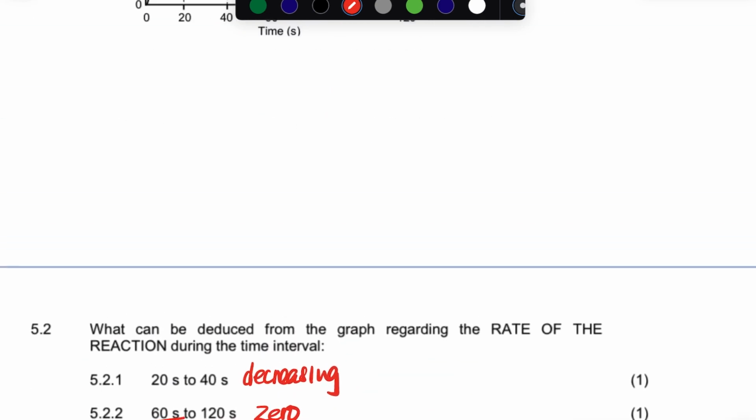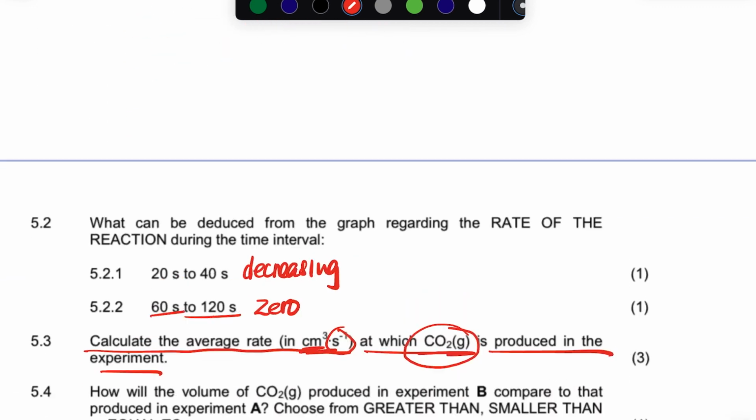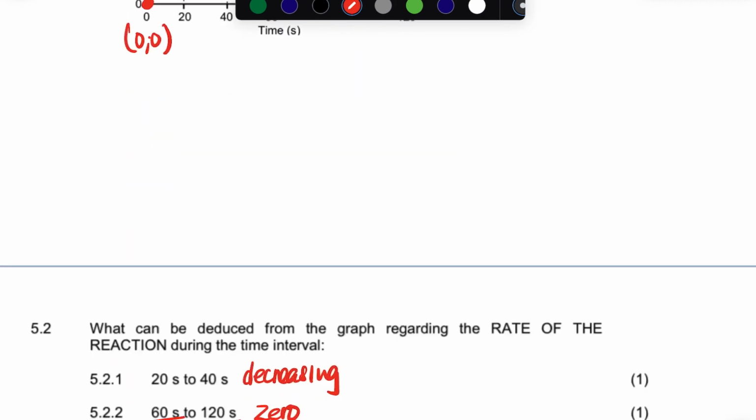When they say average rate, guys, that means you take 2 points from the graph, the initial and the end. I'll take 0, 0 there, and then the last point there, which is 60 and 500. So let me just calculate the rate.